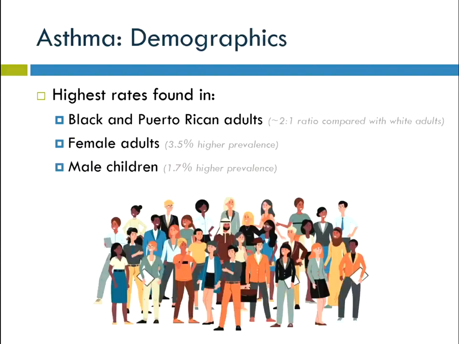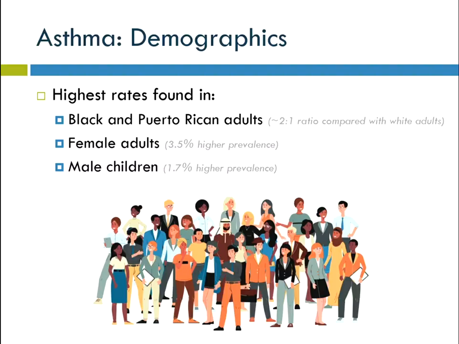Okay? So our highest rates are found in Black and Puerto Rican adults. If it's in red and you can barely see it, it's because you don't need to be able to see it. Okay? This is here for completion, so that it makes sense. More often found in female adults and male children.